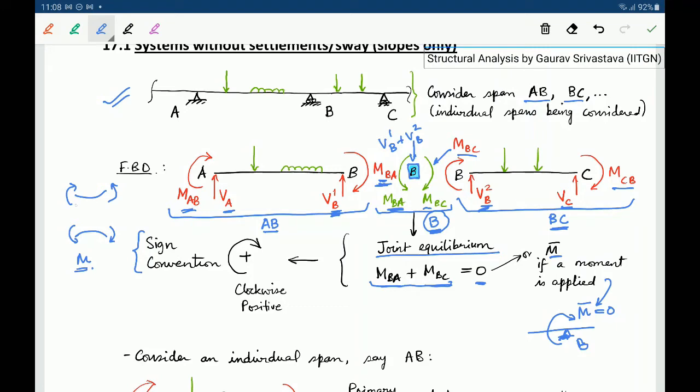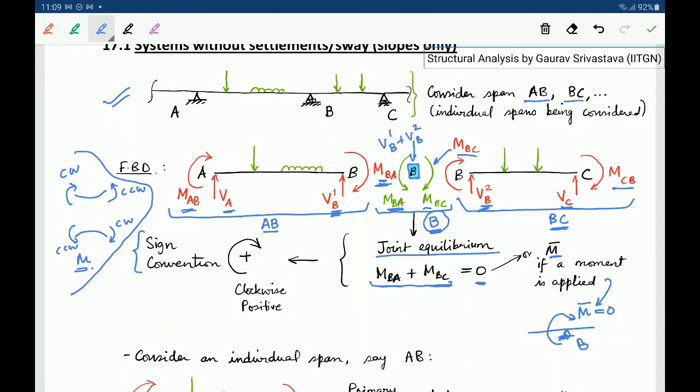So at the left end, a clockwise moment was positive, whereas a counterclockwise moment was negative. And at the right end, a counterclockwise moment was positive and a clockwise moment was negative. When we were looking at things from a member perspective, this was the overall sign convention.